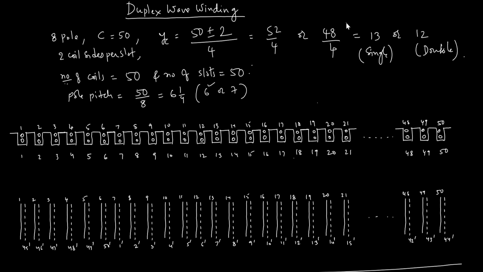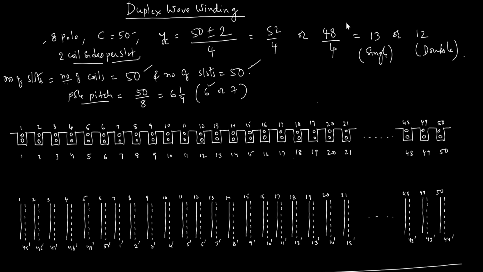So we have 8 poles, 50 coils and 2 coil sides per slot. 2 coil sides per slot means the number of slots and number of coils are the same. So the number of slots and number of coils are 50.